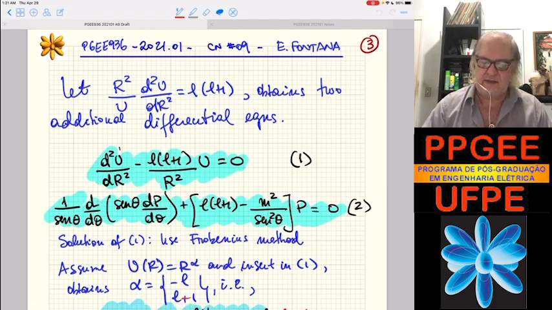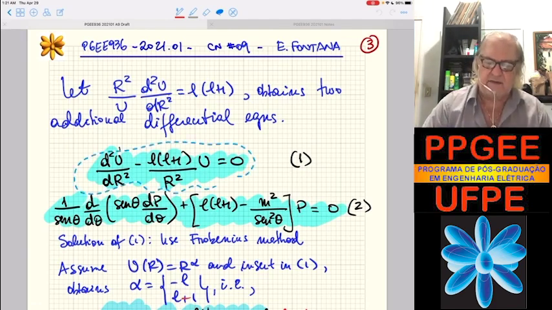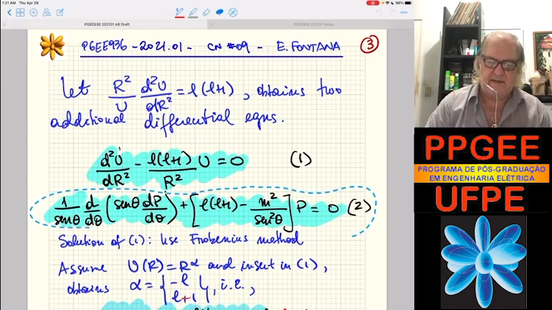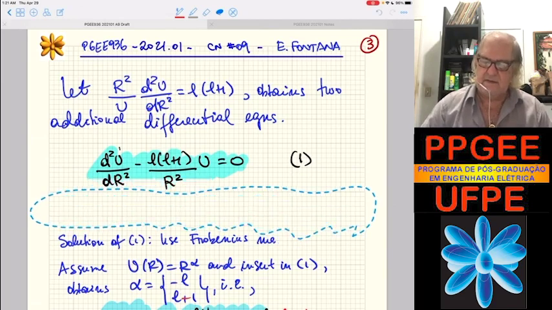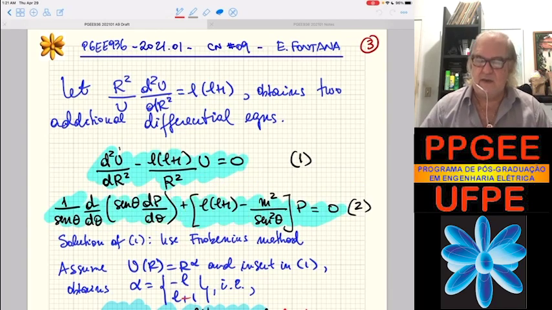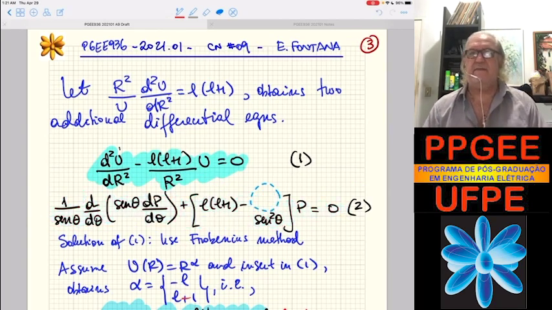So we have two equations, and notice that this one depends exclusively on L, and this one depends both on L and on the square of m.